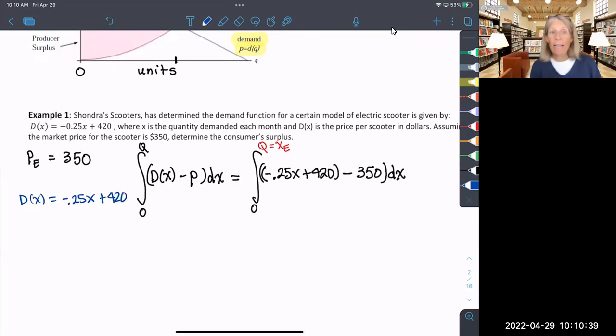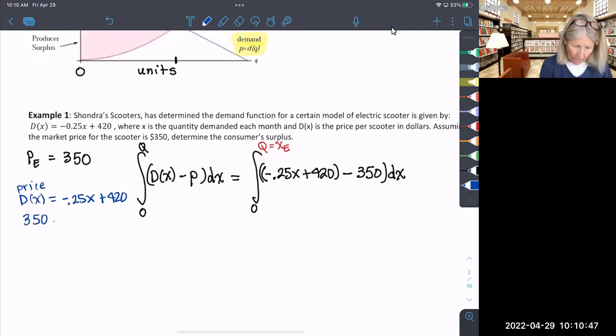I know the price, because remember D of X stands for the price here. So I know the price is 350. Let's set that equal and find our equilibrium quantity.